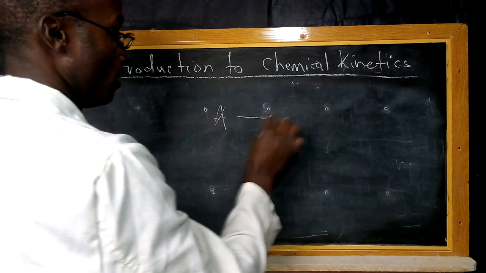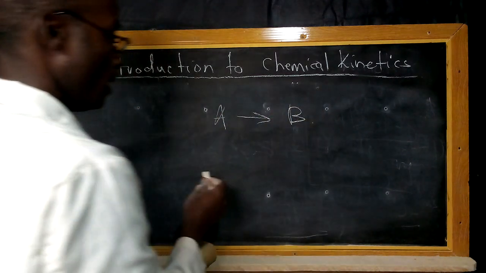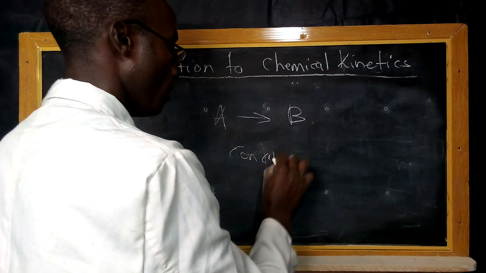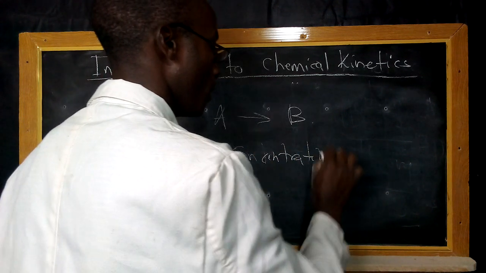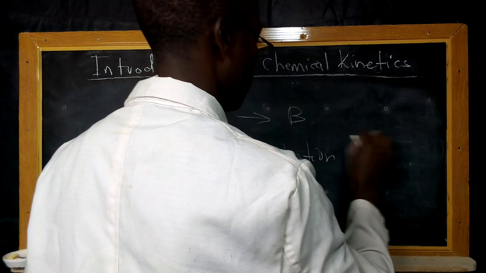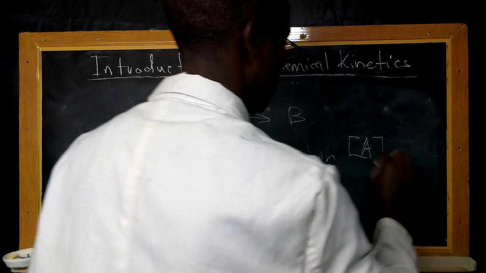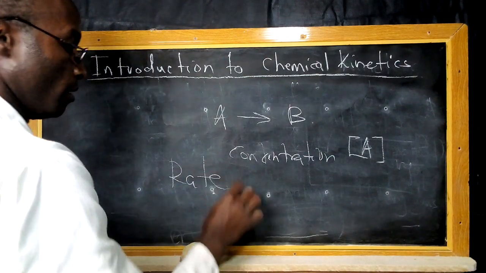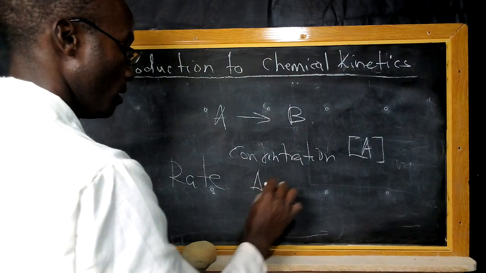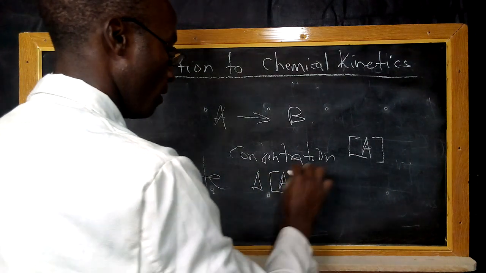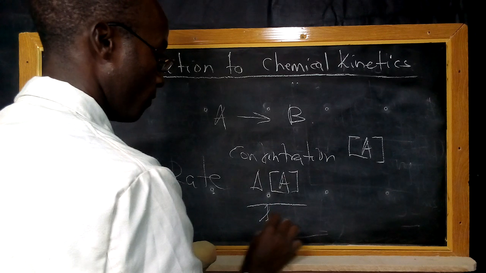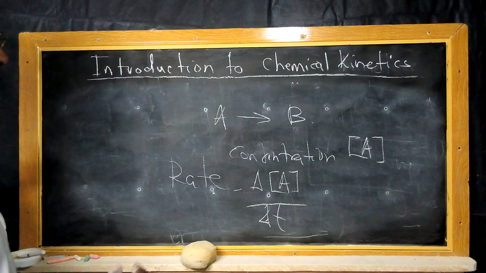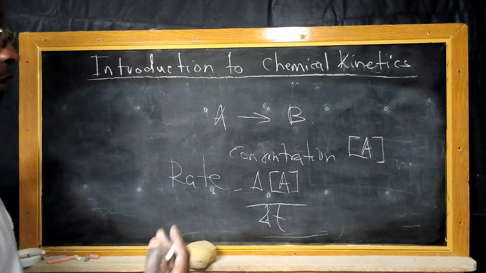So if we say that A is reacting to form B, then we can write the concentration as the change in the square brackets of A. We indicate the rate by the change in concentration of A over the change in time. Whenever a negative sign occurs, that implies these are reactants being consumed.